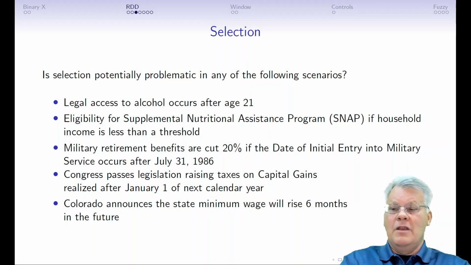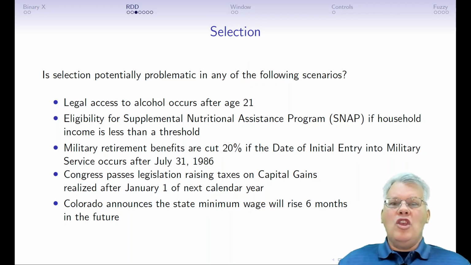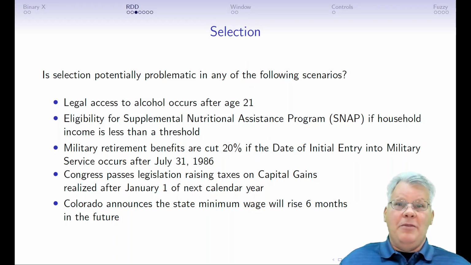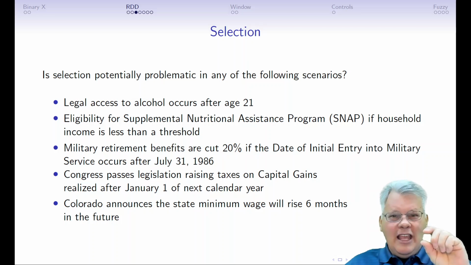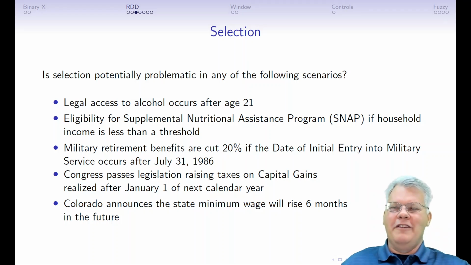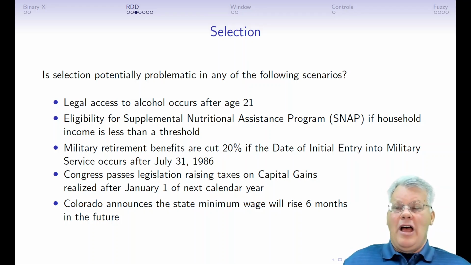If the household income is below the cutoff, then a person is eligible for SNAP benefits. I would argue that this one is subject to manipulation, because if a person's income was just a little itty-bitty bit above the cutoff, so they're ineligible to receive SNAP benefits, it would be possible for a wage earner to cut back their hours just a little bit to drop household income and become eligible for SNAP. So this second example, I would argue, is subject to manipulation.